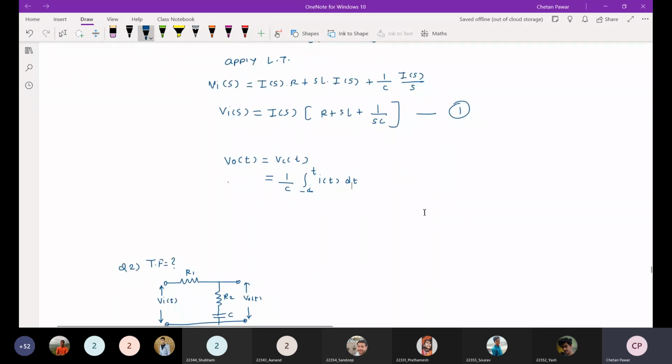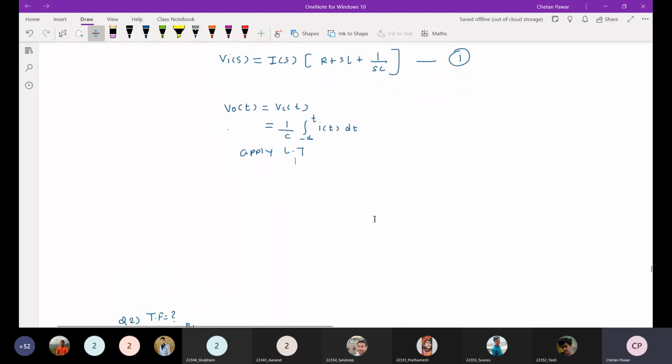Applying the Laplace transform to this time domain equation, V naught of S will be 1 by SC into I of S. So this will be my second equation.